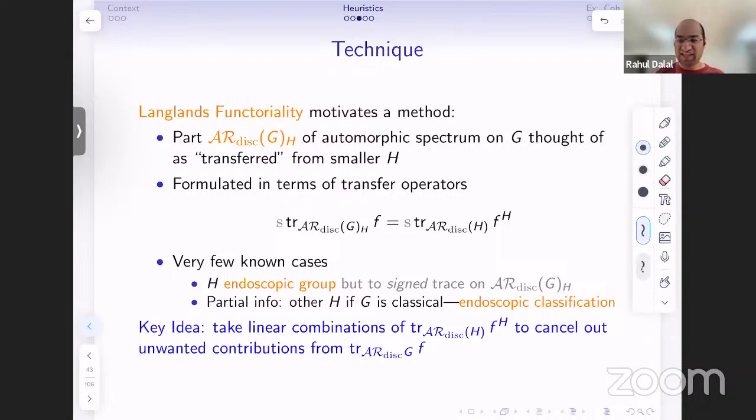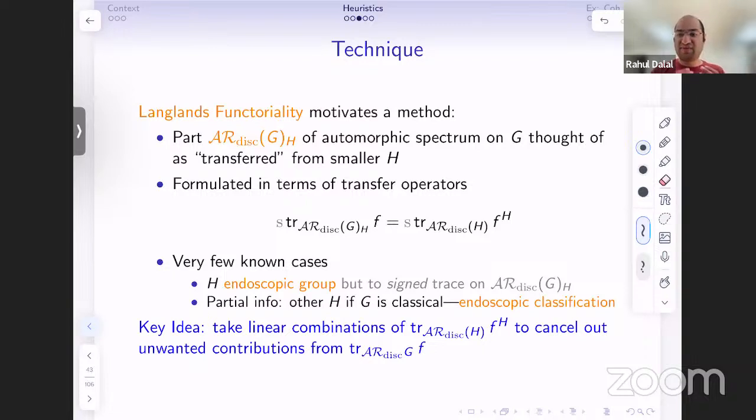And we're going to try to do that in a clever way so that the noise only lives in these pieces that come from smaller groups H that we can deal with. Then we can take these pieces from the smaller group H and subtract those off to cancel out the noise, and we're only left with the part that we care about.